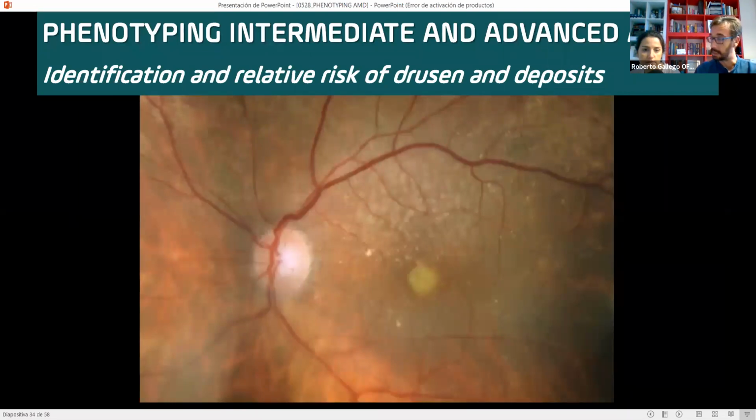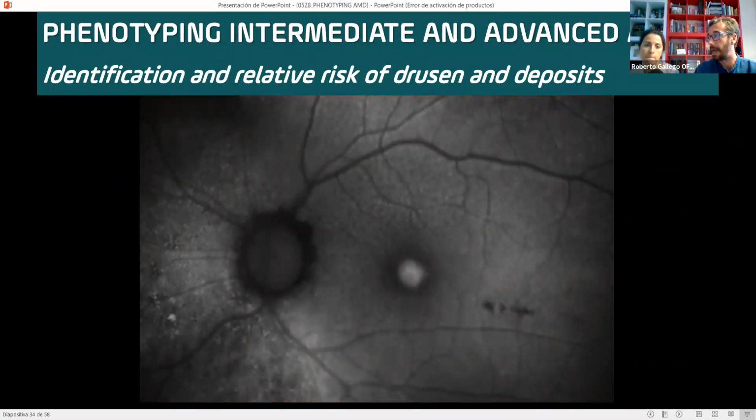So they look like this yellowish, egg-yolk-like appearance, and obviously they hyperautofluoresce. Is there any key to recognize this kind of images without performing a structural OCT?